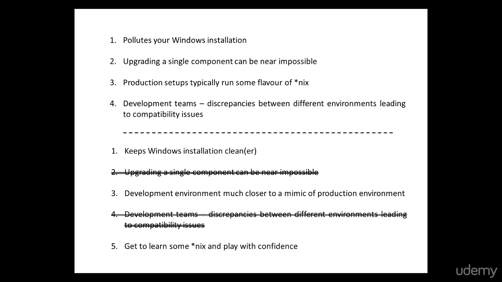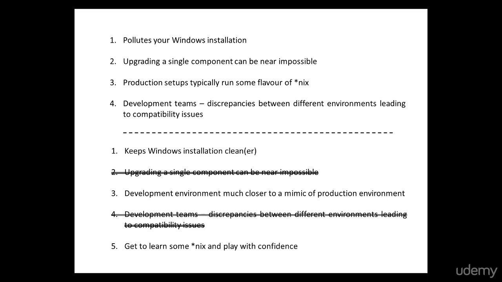Now let's look at the benefits that using a VM-based architecture introduces. Well, number one, it keeps our Windows installation clean, or cleaner, because we do have to install some software. Upgrading a single component is no longer an issue. We're running a Unix environment, so we can easily choose just to upgrade the PHP if we chose to. The development environment also now starts to mimic the production environment.